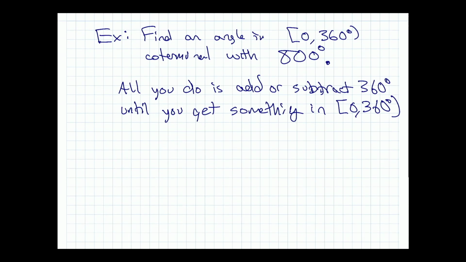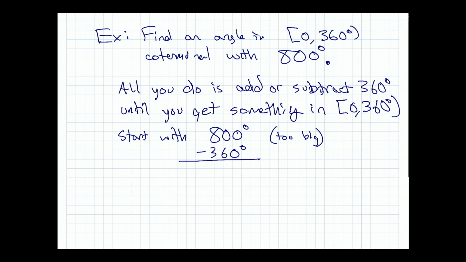So it looks like this. You start with 800 degrees. Well, that's not in 0 to 360, right? It's too big. Well, how do you make it smaller? Subtract 360, right? You subtract 360 and you haven't changed the angle at all.